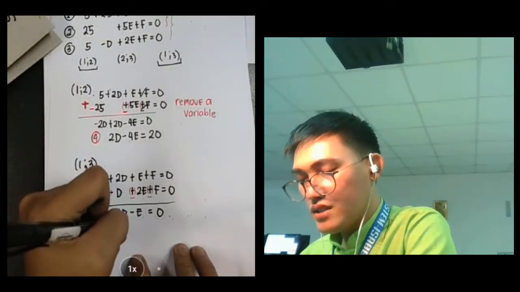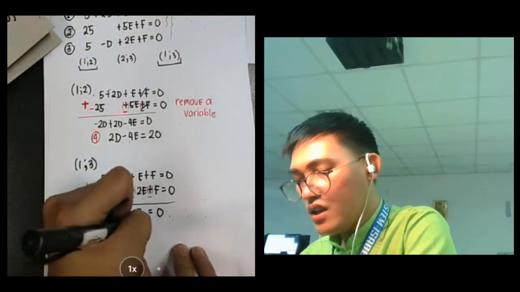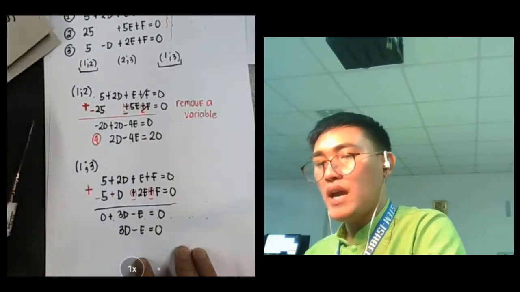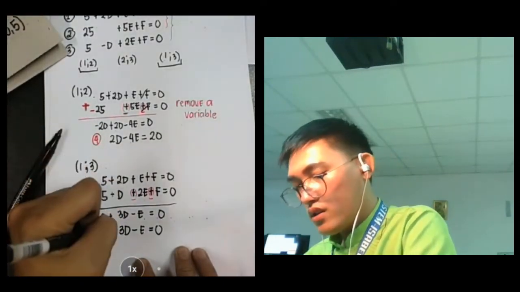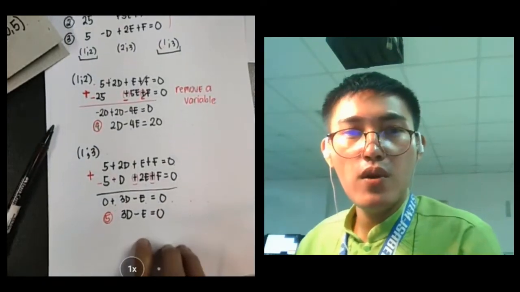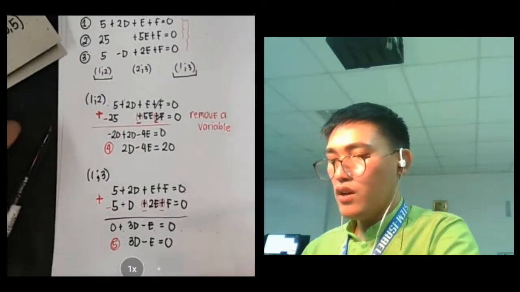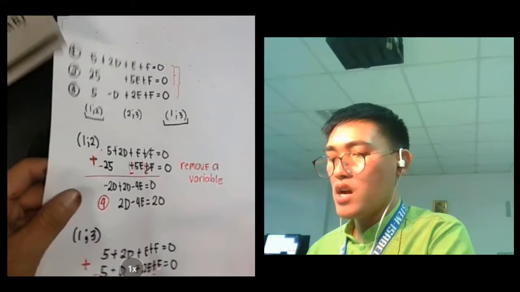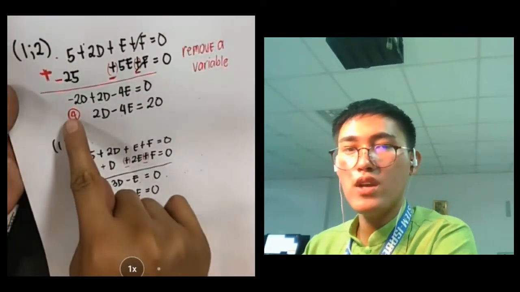Alright, so we are close. What are we going to do? We are going to combine equation 4 and equation 5 to remove one variable again. Let's put the equations here.